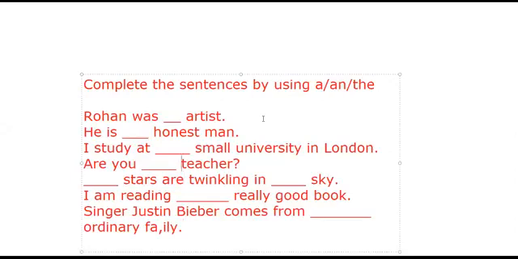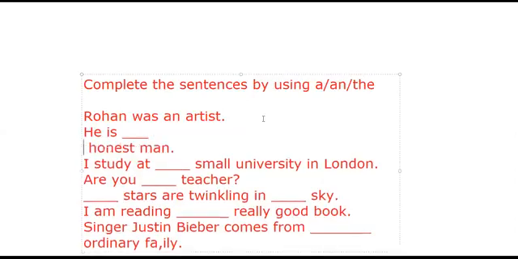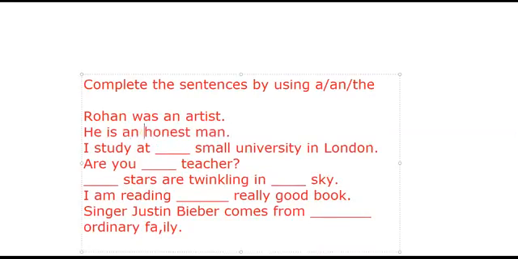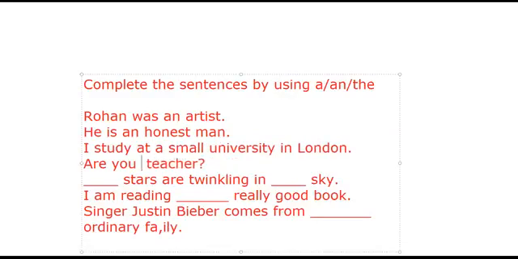First, Rohan was an artist. Number 2, he is an honest man. Why? H is silent here. Sound is of O. He is an honest man. I study at a small university in London. Are you a teacher?